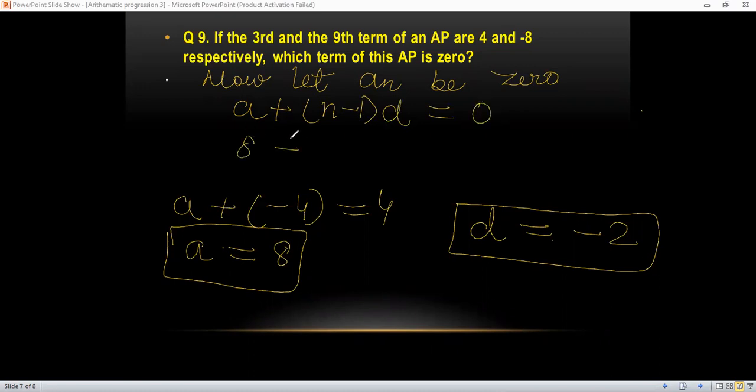So put the values: 8 plus n minus 1 into minus 2 is equal to 0.